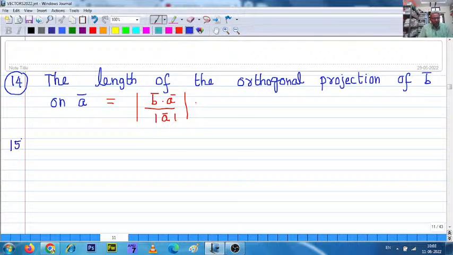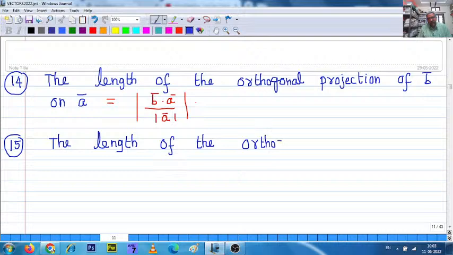So 15th one, the length of the orthogonal projection of A bar on B bar.